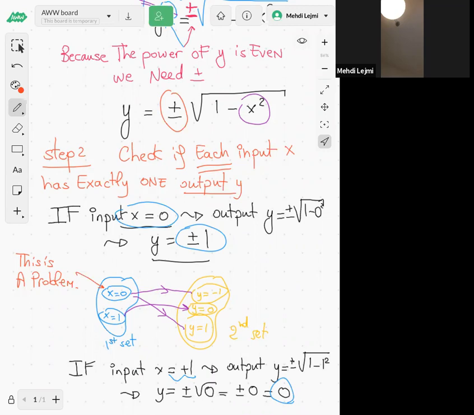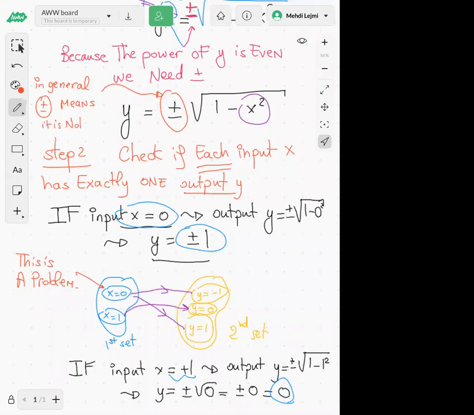So whenever you end up with a plus or minus, it means that this relation or correspondence is not a function.